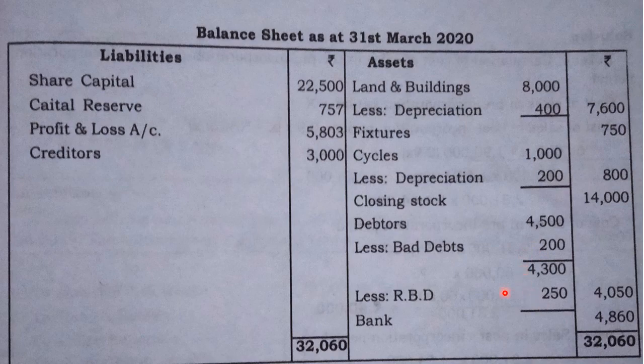So write debtors 4,500 less bad debts 200, it comes to 4,300, less RBD 250, it comes to 4,050. Creditors, there is no adjustment on creditors, so directly write the amount in the outer column, 3,000.